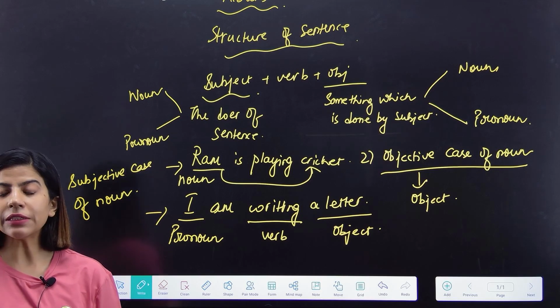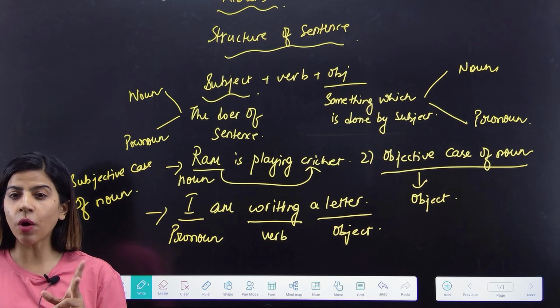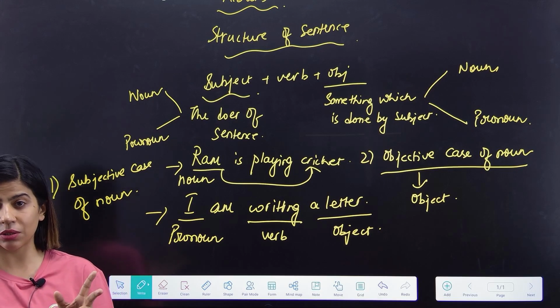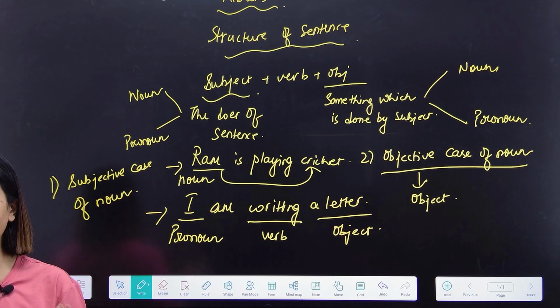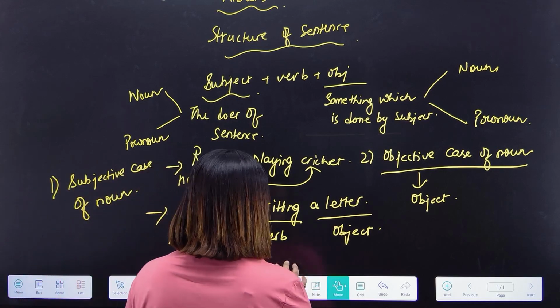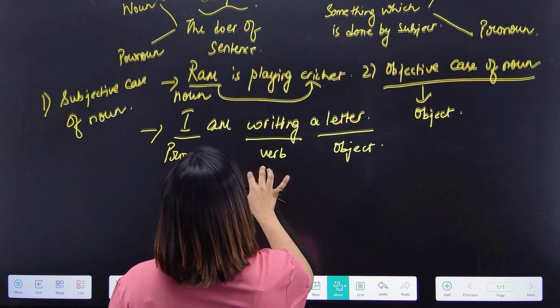There are certain sentences in which there will be two objects. So what do we do in that case? And we have two objects. How do I identify which is the direct object, which is the indirect object? Is it okay?